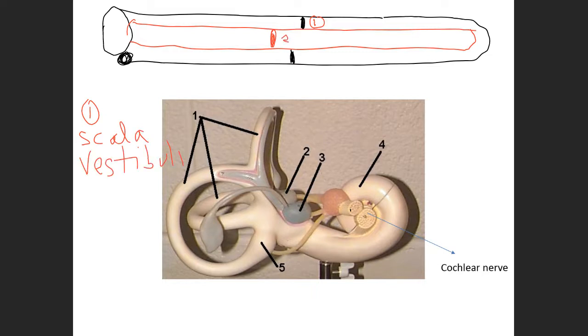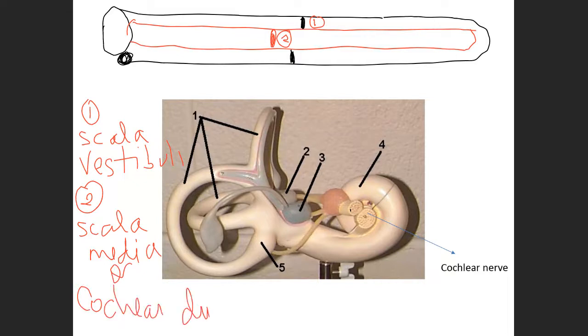The one inside the membranous tube is called the scala media, or cochlear duct. And then the one below is called the scala tympani.